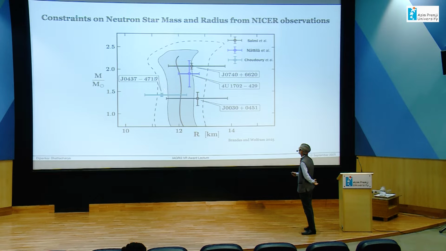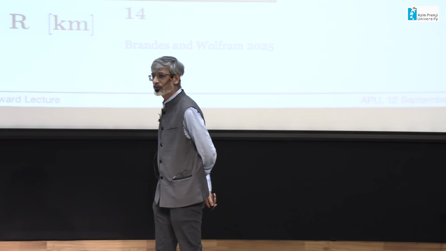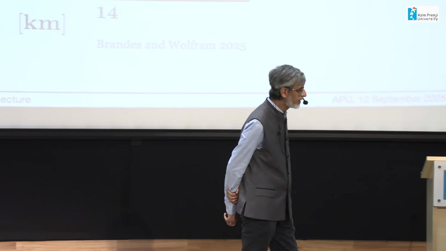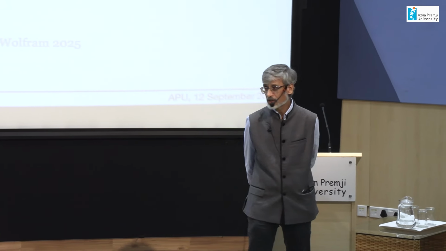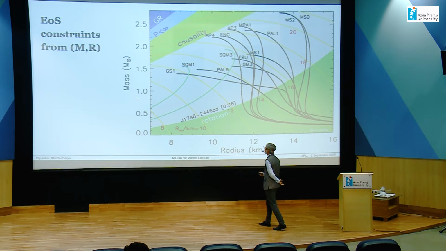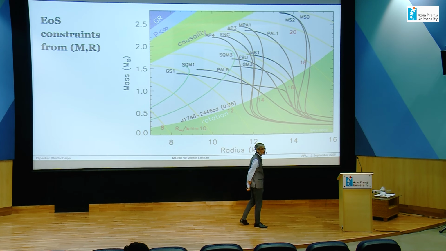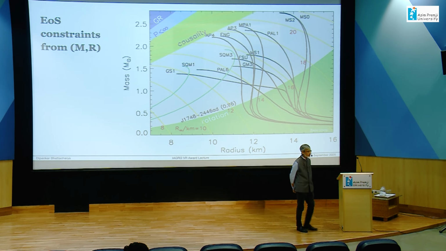So this is the star I was talking about just now, and there are several other stars where the mass is not so tightly constrained as this one, but these are all nicer measurements. Together they form a kind of allowed region of mass radius values of these neutron stars. Now, mass versus radius are traditional predictions from different equations of state.